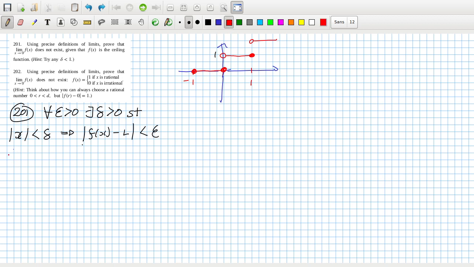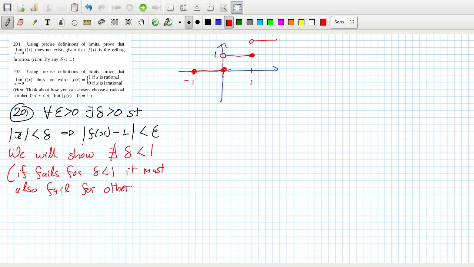We will show there does not exist a delta less than 1. And if it fails for delta less than 1, it must also fail for other values of delta.